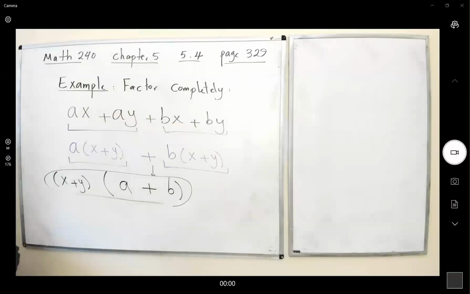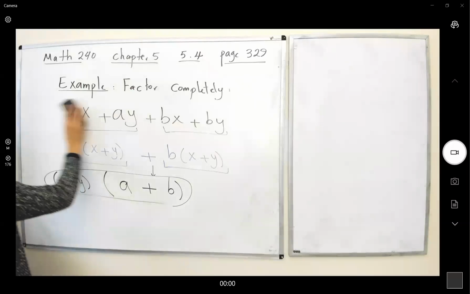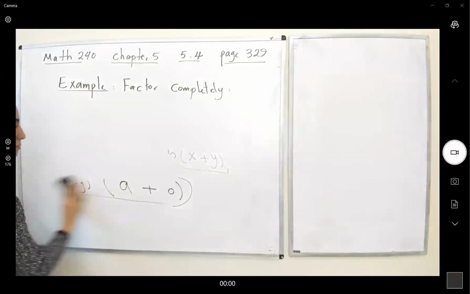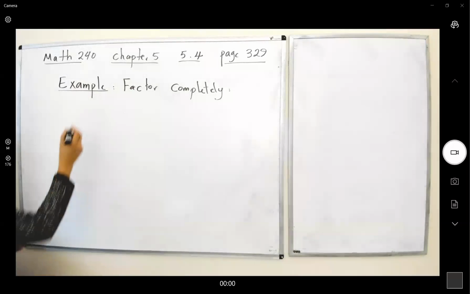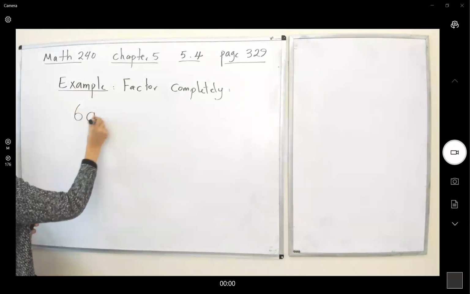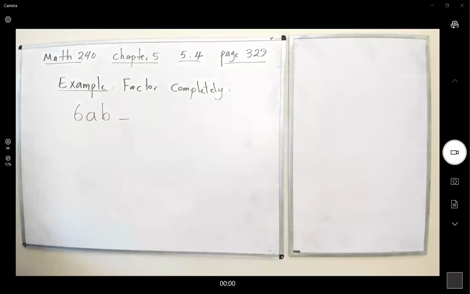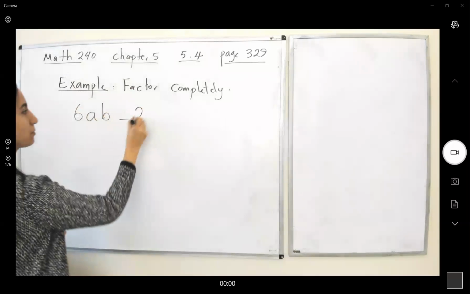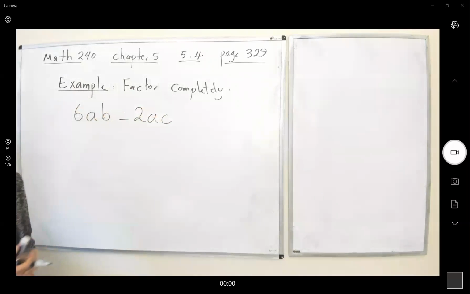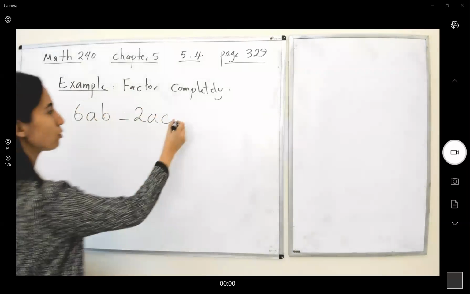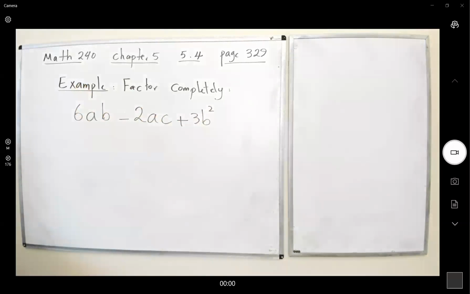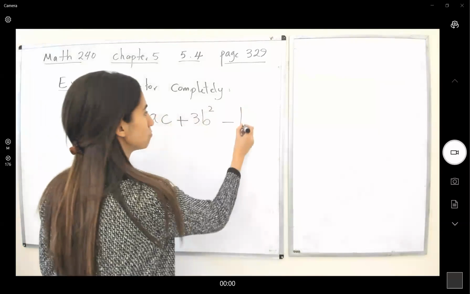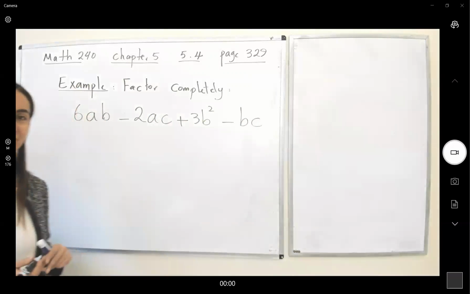A final example, factor completely, is the following. Here we have 6ab minus 2ac plus 3b squared minus bc.